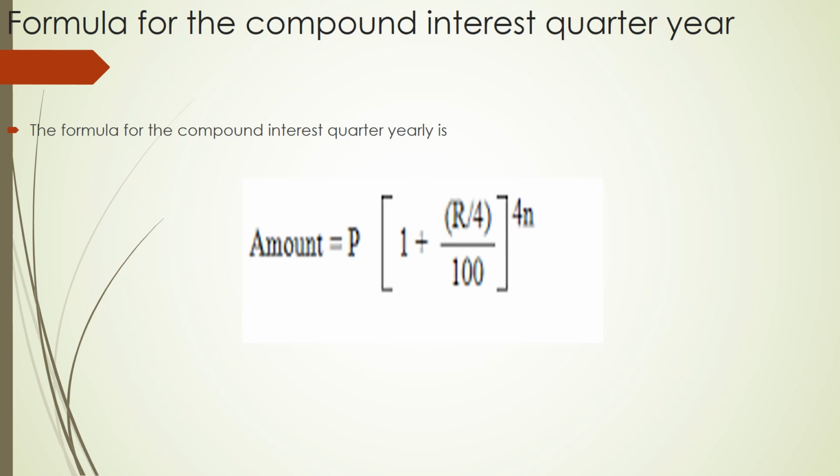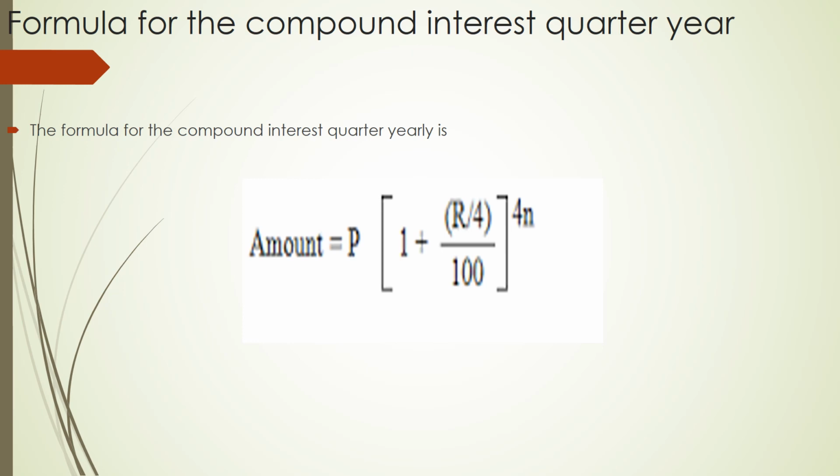So the amount is equal to principal into 1 plus R by 400, the whole power 4n. So this is how the formula is given. As usual, for finding the compound interest, just subtract the principal from the amount.